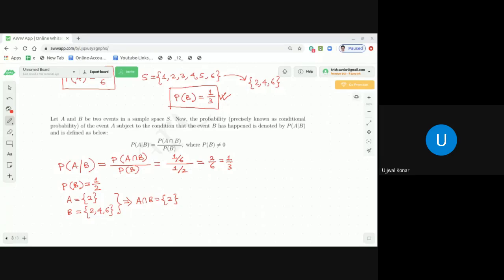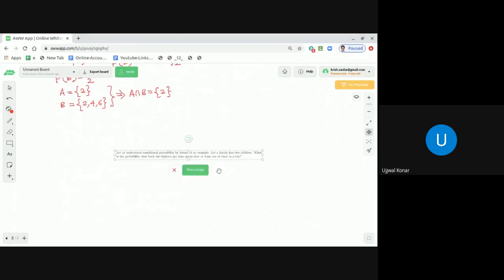Now, let us understand conditional probability by means of another example. One example I already informed, another example I'm going to discuss with you, and that is also a very interesting example.